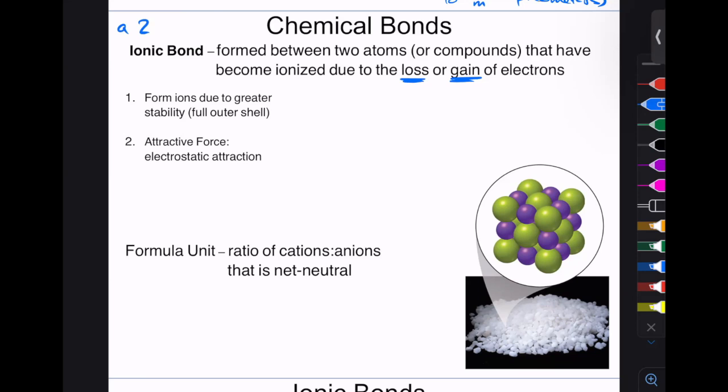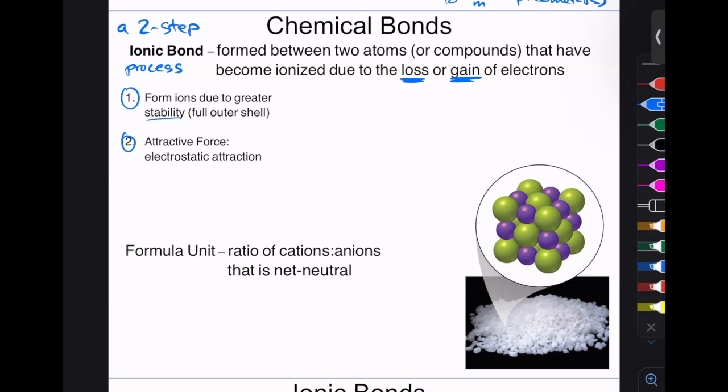Let me just define them formally for you. The first step is we're forming the ions. And we already know how that happens. That's what we discussed last chapter. Once we form those ions, then we have the attractive force due to the electrostatic attraction.